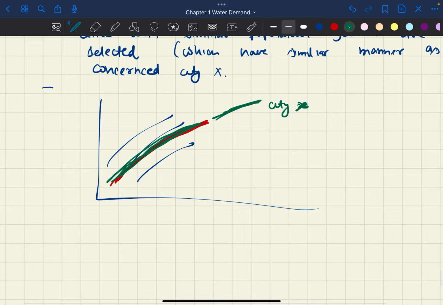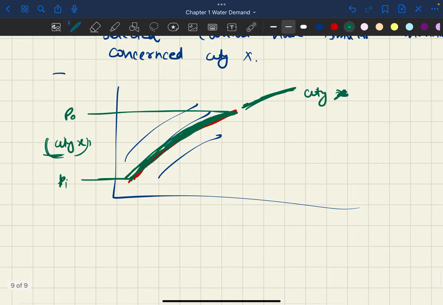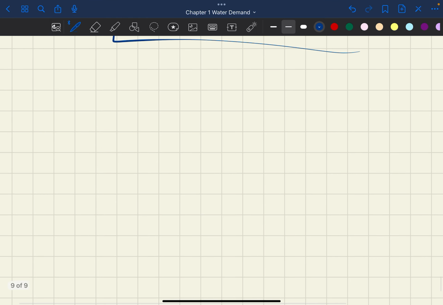So we superimpose this graph and say last known population is P naught and initial population may be Pi of city X. So this rate of increase, or say this shape, is superimposed on this particular graph to get the value of next known population. Their graphs are already available, so we draw a median. This shape is used to forecast the city X population in future. This is comparative graphical method.